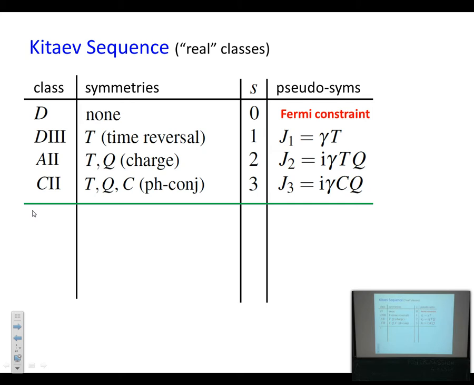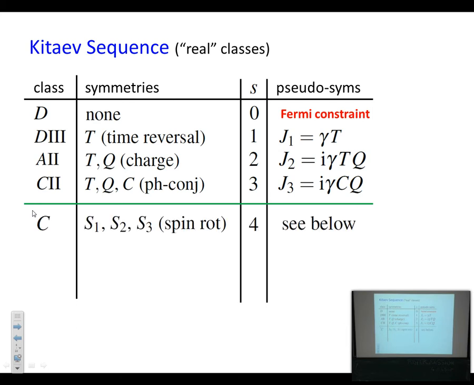You can use this particle-hole conjugation operator, which you see is complex antilinear, together with Q. So one thing I didn't emphasize also here, that T is complex antilinear. Hermitian conjugation is complex antilinear. So these J's are complex linear, as they should be. Same thing for the J3. It's complex antilinear. It anti-commutes with the other ones. It squares to -1. So here we have our Clifford algebra of pseudosymmetries at level 3.